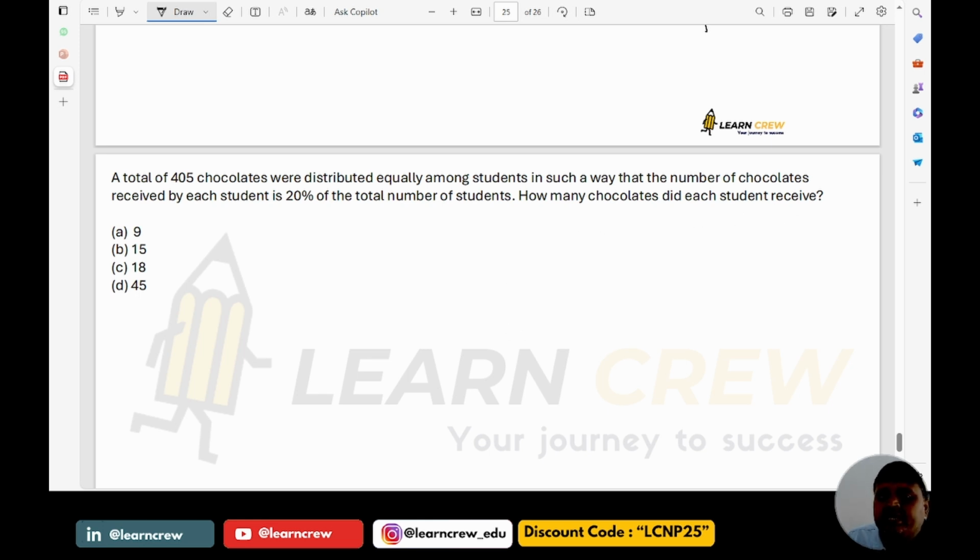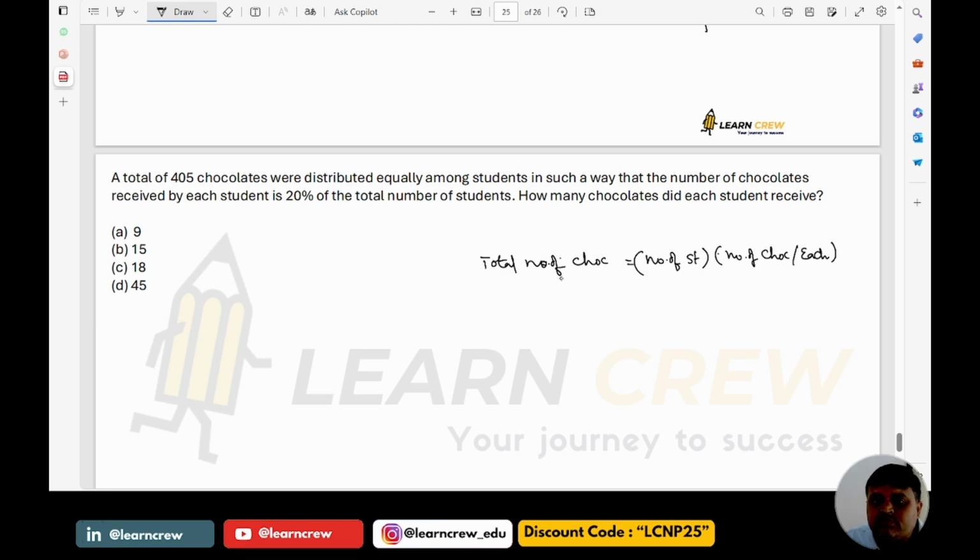So how do we get the total number of chocolates? Total number of chocolates is equal to number of students into number of chocolates per each student.